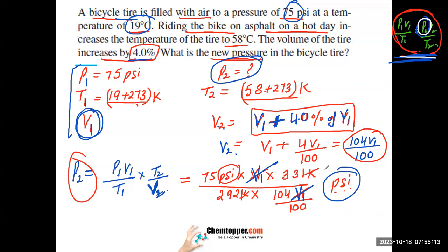It's 81.7. Answer is 81.7, some error of the zero, assuming. 81.7 units.